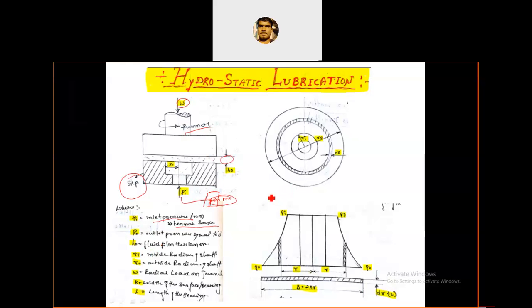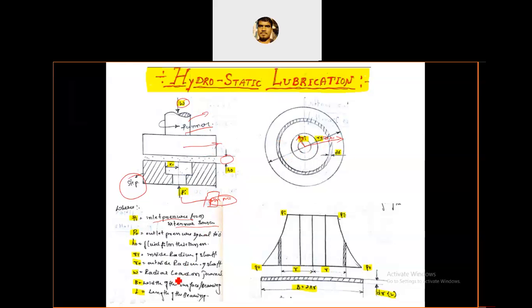Ri is the inside radius of the shaft, and R naught is the outside radius of the shaft.